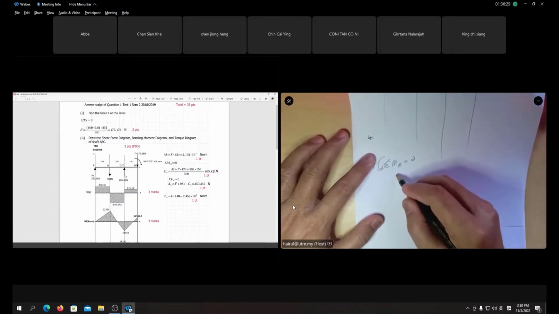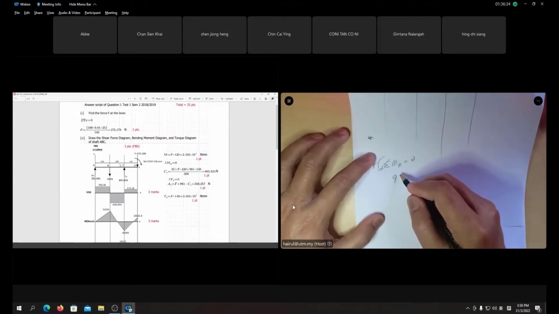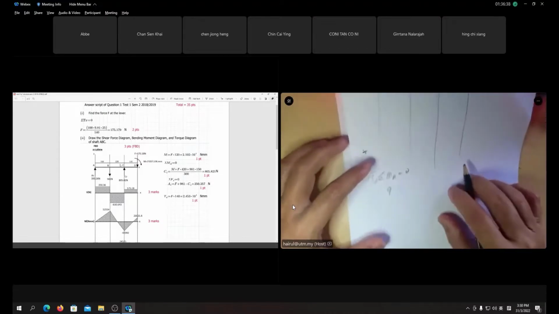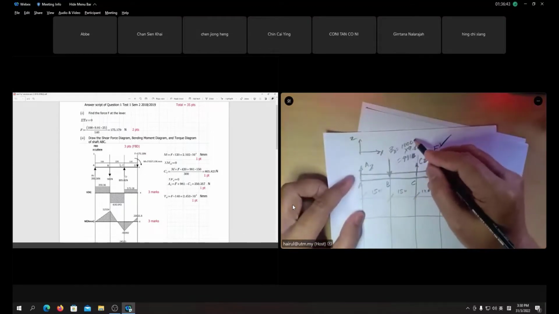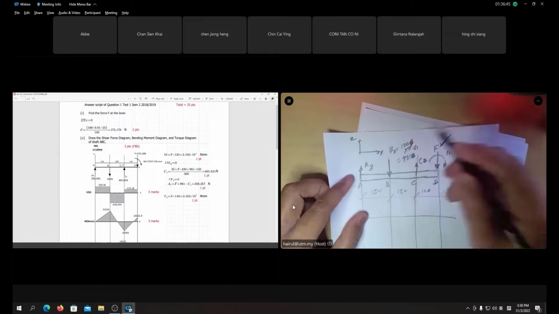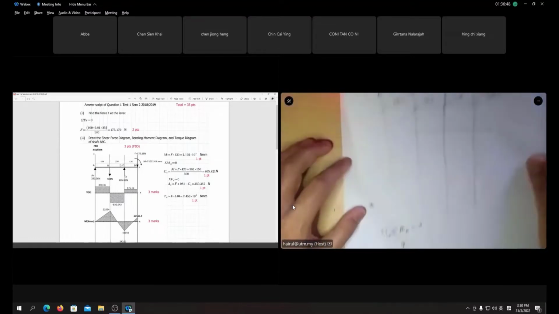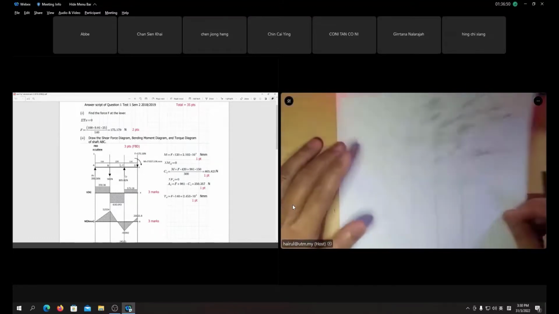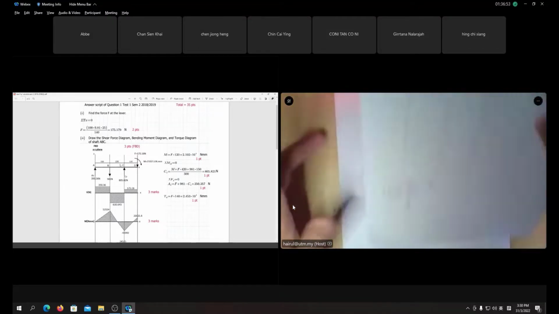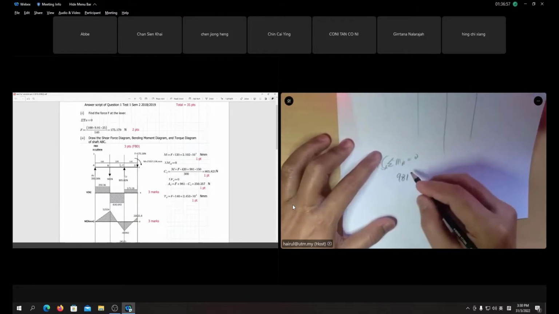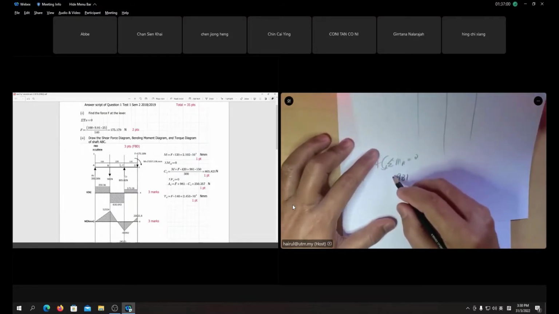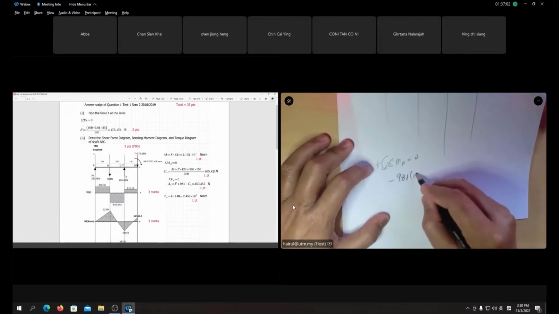So BY 900 times, what was the weight earlier? 100 kg, right? 981, not 9810, I made a mistake earlier. The weight is 100 kg, so 981. So moment at A equals 0 is the 981 Newton weight times 150, negative because it produces counterclockwise.